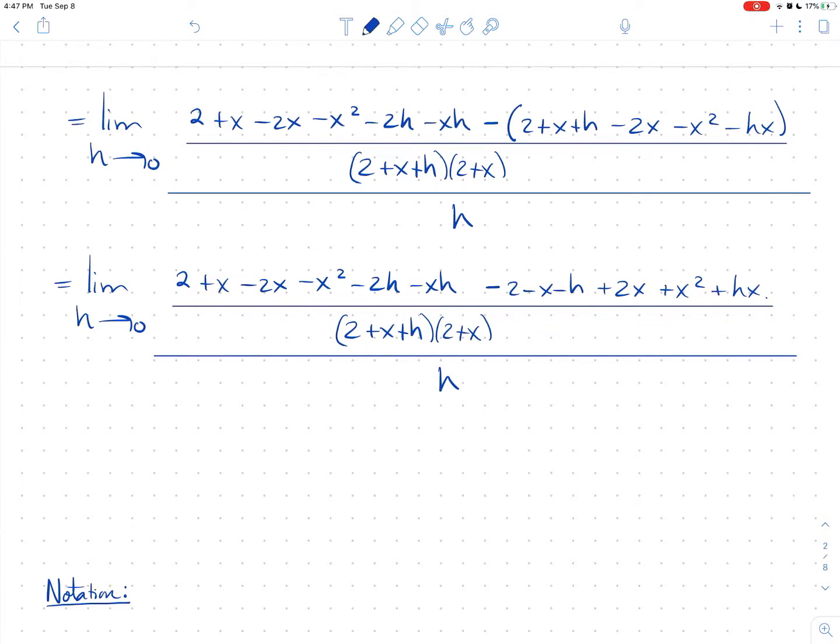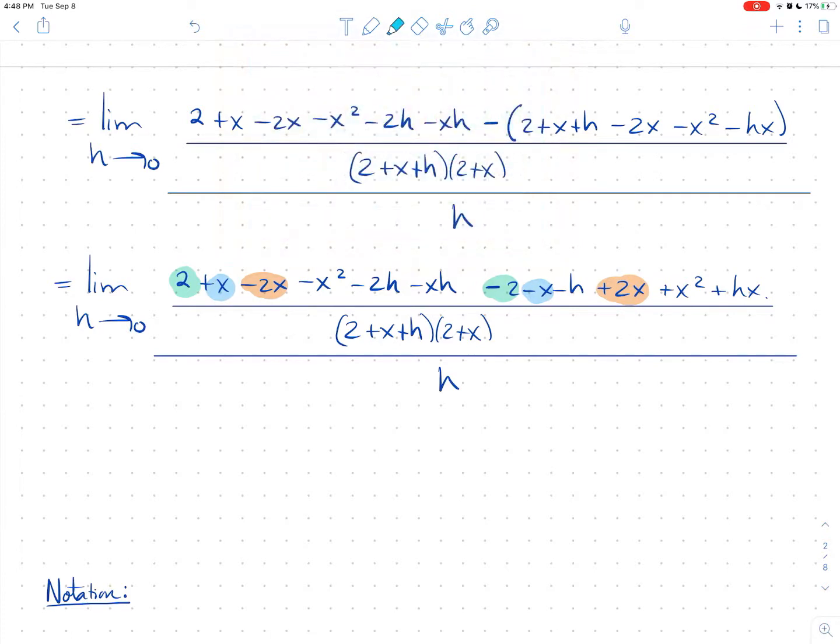And now we can begin looking for terms that cancel. So I'm going to use a green highlighter. So the 2 and the negative 2, those cancel. The minus 2x and the plus 2x, those cancel. We could have combined them, but we're just canceling. The x and the minus x, those cancel.